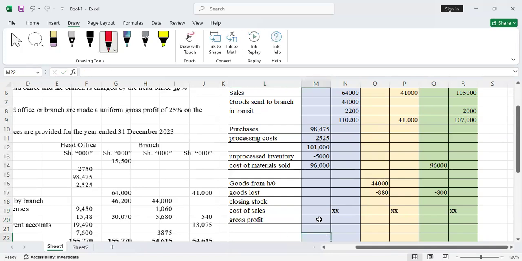So we need to get our closing stock here. Some closing stock figure is needed there so that it helps us to get the cost of sales. And then after getting the cost of sales, we'll be able to get what? The gross profit. Now, how do we go about this?